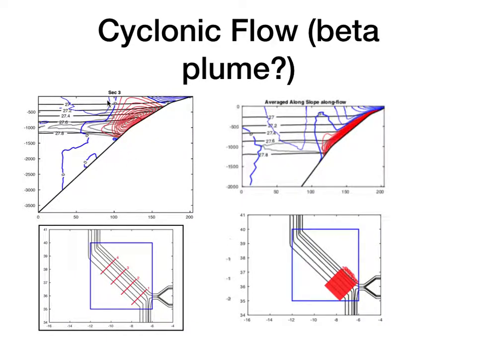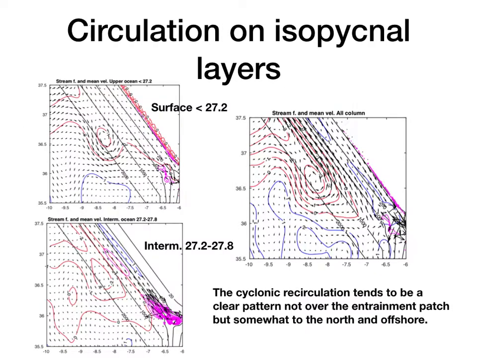of the entrainment zone. So we have already noticed that when we have looked at the depth integrated or layer integrated circulation, we see that cyclonic flow will be much clearer away from the entrainment zone.